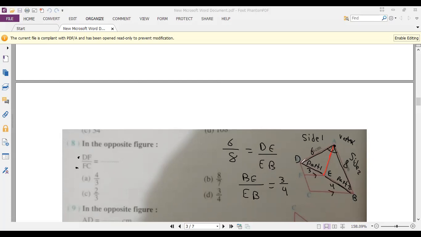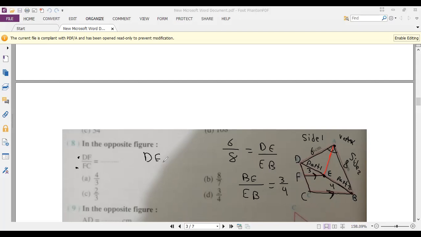And I have two parallel sides, as you see. The proportional parts arise because we have two parallel sides in a triangle. Part 1 over part 2 is equal to DF over FC. They are parallel. Once again, DE over AB.